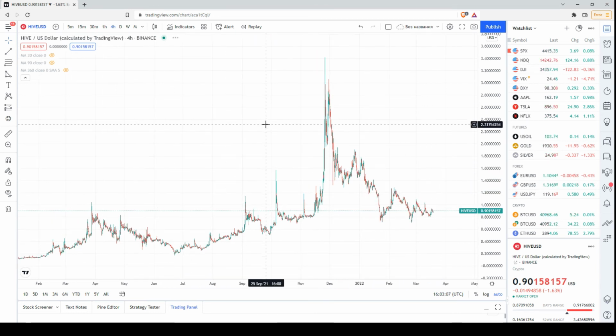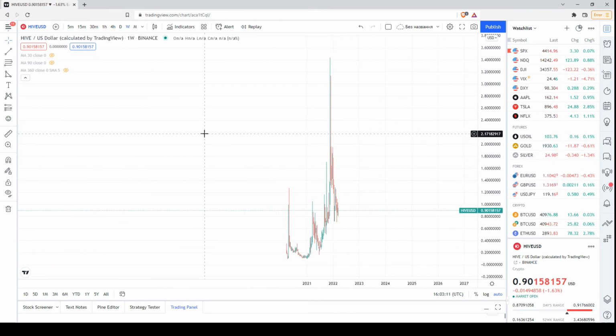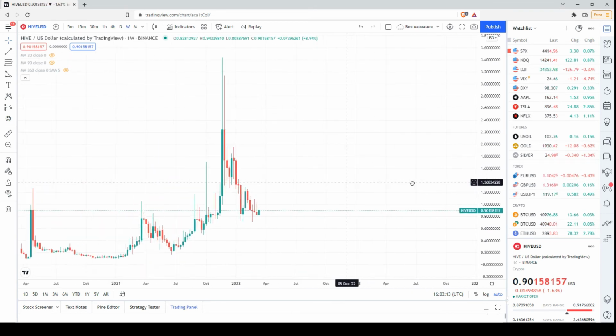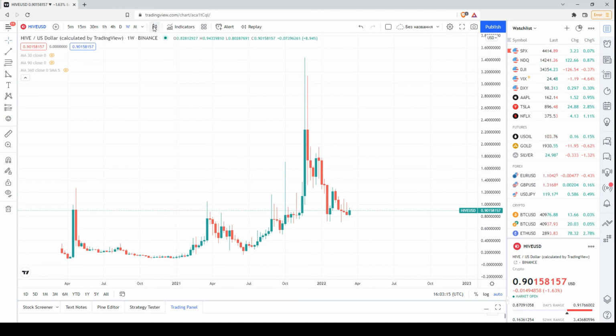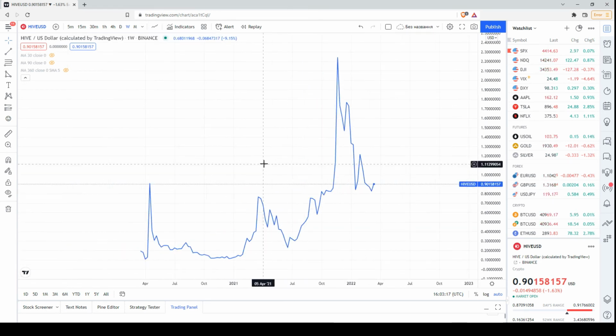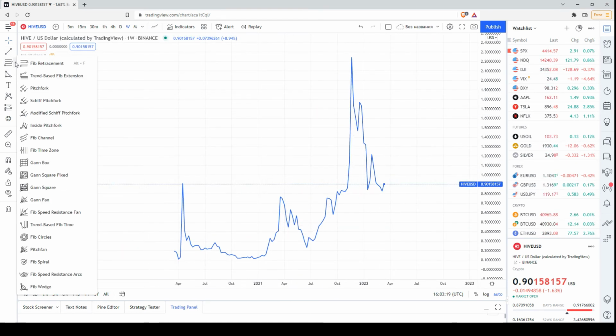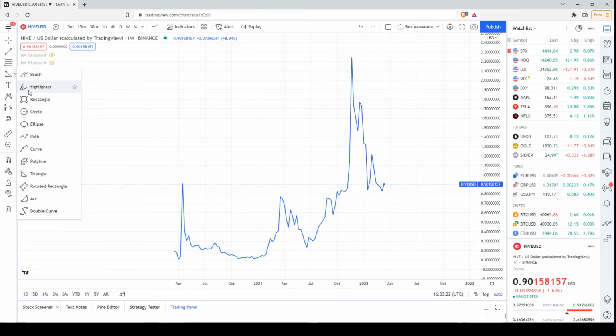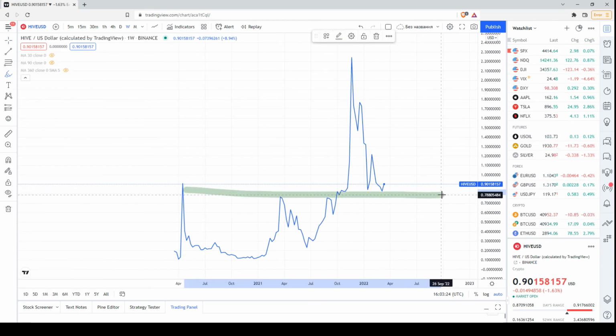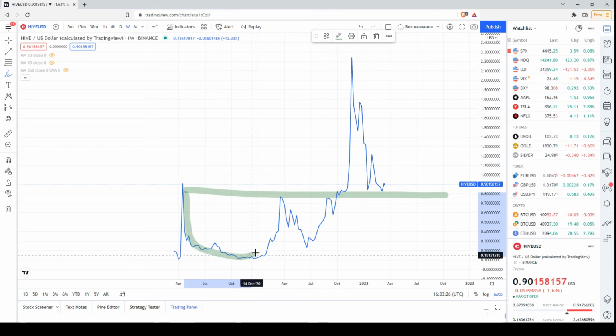Next, I would like to get back to the weekly chart and to remind you that we've been following one really very important technical pattern. So I'm switching to a linear chart, and this is the so-called cup and handle. This is the upper line, this is the cup, and this is the handle itself.